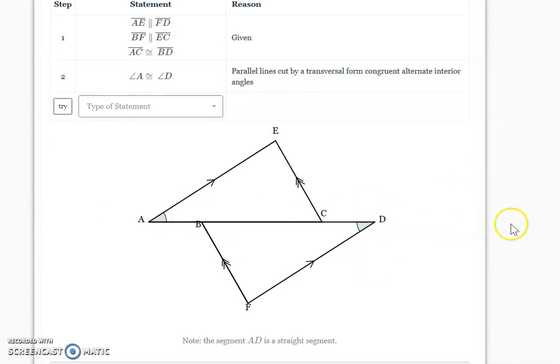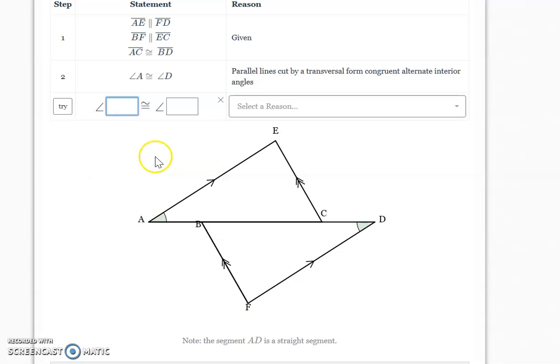In a similar way, we still know that this side is also congruent, so we have an angle and a side. Now going the opposite direction, if these are the parallel lines, here's EC and BF right there. If we slid these over again, then this angle would be alternate interior with this one. So I need my angle statements again.